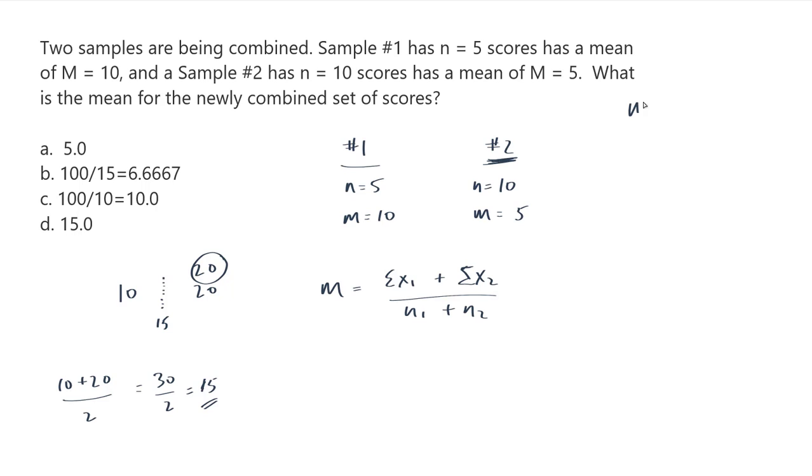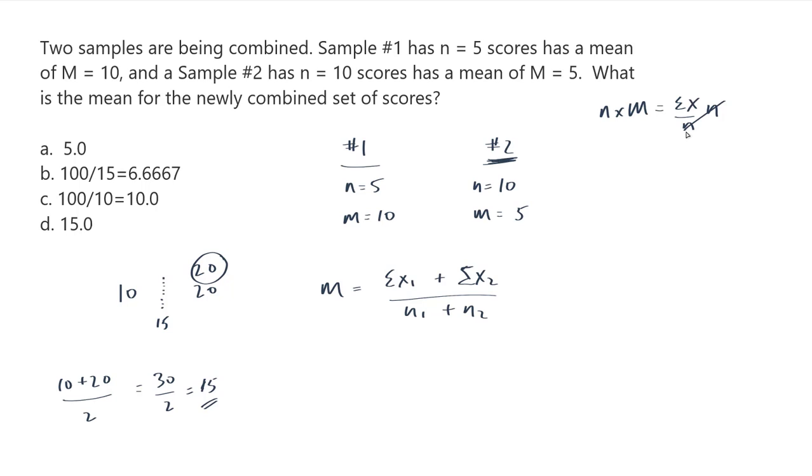Your formula for the mean is the sum of x over n. If I want to get the sum of x by itself, I need to get that divided by n out of there. So I'm going to multiply both sides by n.